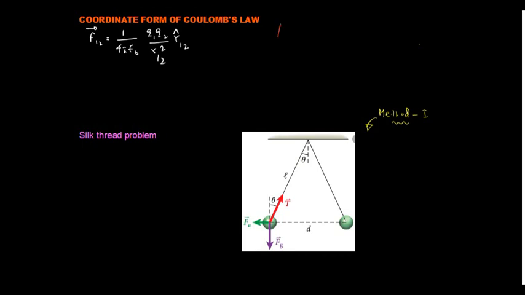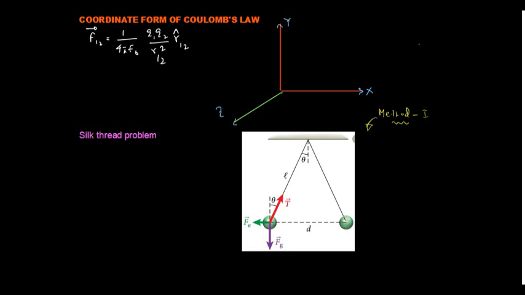I'm taking this as the x-axis, here I'm taking the y-axis, and let us assume this is the z-axis. Now here, this is x, this is y, and this is z.